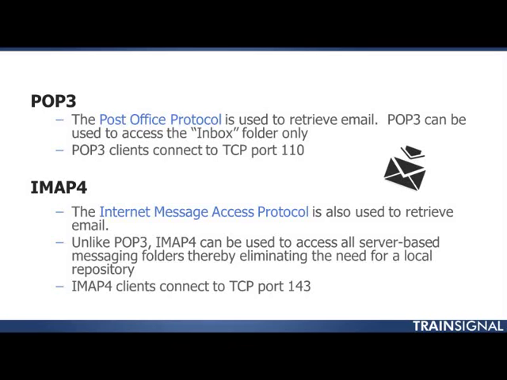You may have seen ports 993 or 995 used, and that's because you're using the SSL version, or the secure encrypted version, of POP3 or IMAP 4. Now, I don't even have those ports listed here because I don't want you to worry about it. I don't believe that you would be tested on it if you are looking to pass Network Plus, and it's not a very common scenario, but I just thought I would mention it in case you've seen it.